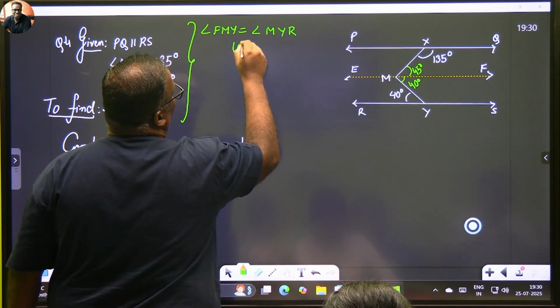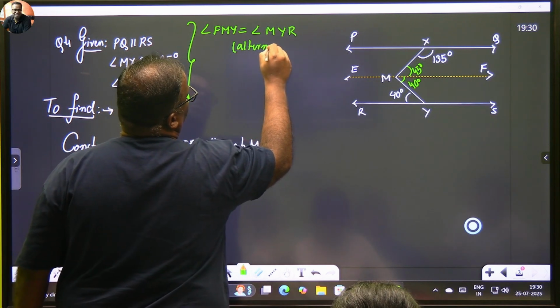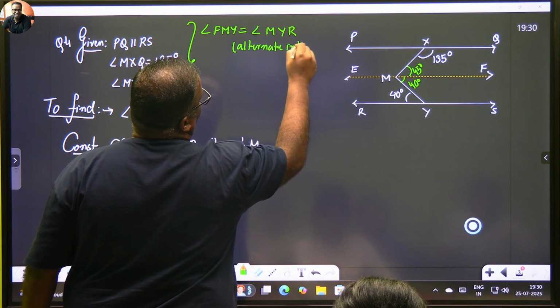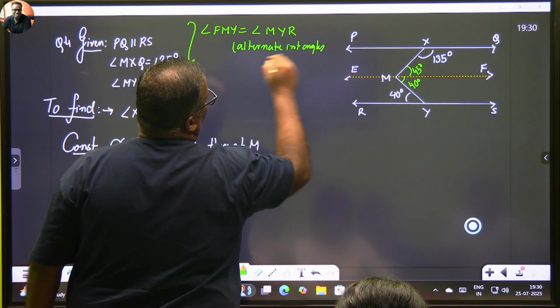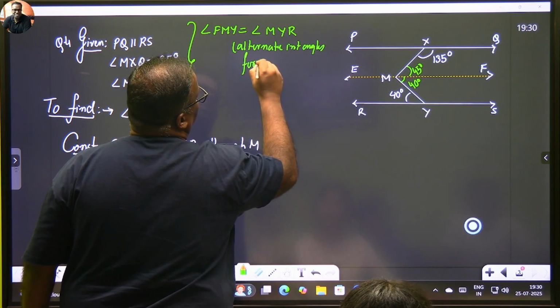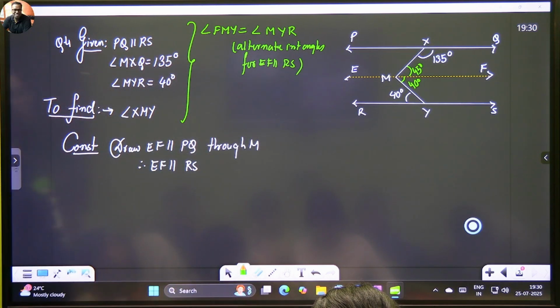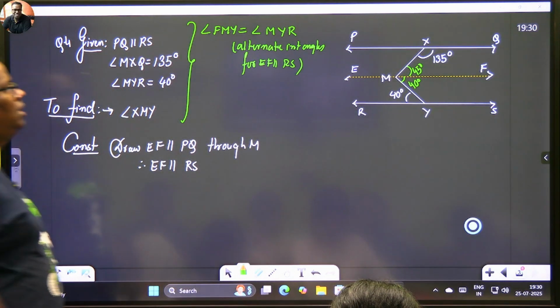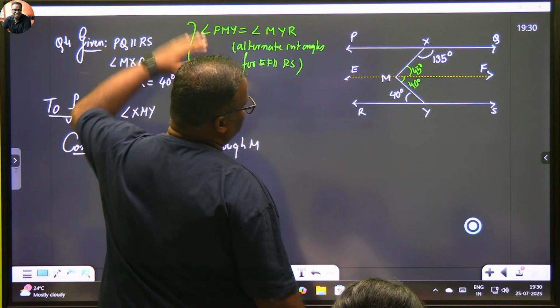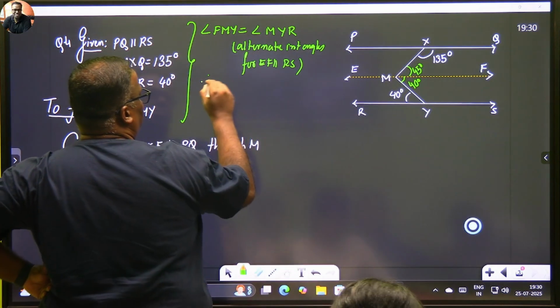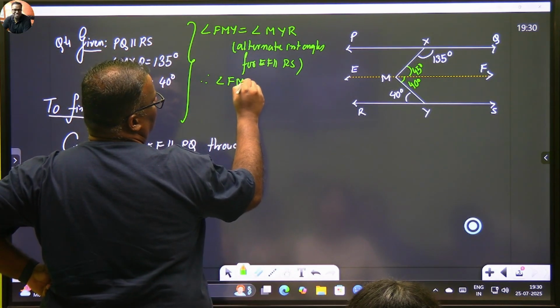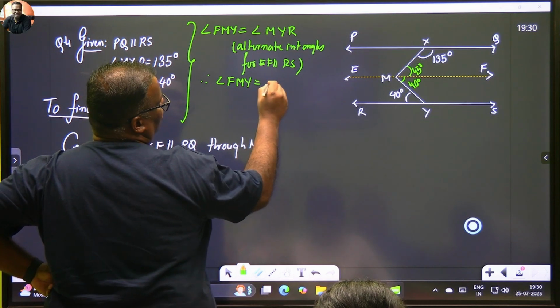They form what is known as alternate interior angles for EF parallel to RS. Therefore, FMY's value becomes how much? Angle FMY is equal to 40 degree.